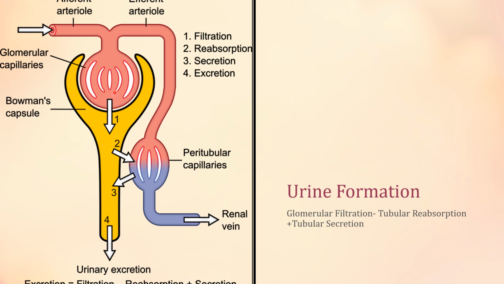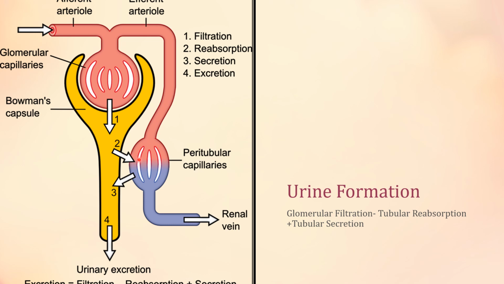Glomerular filtration is filtration across the glomerular capillaries into the Bowman's capsule. This is step number one. And when urine is formed, glomerular filtration occurs, and then there is tubular reabsorption. Reabsorption, because absorption occurs in the intestines, and reabsorption is across the tubular epithelial cells. There are the epithelial cells lining this tubule, across the epithelial cells into the peritubular capillaries.